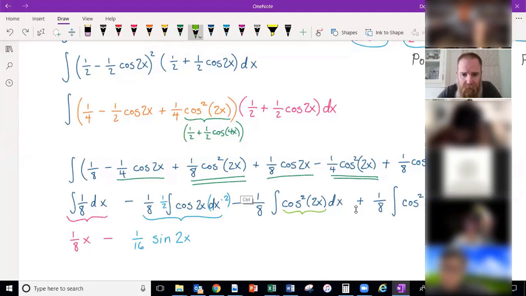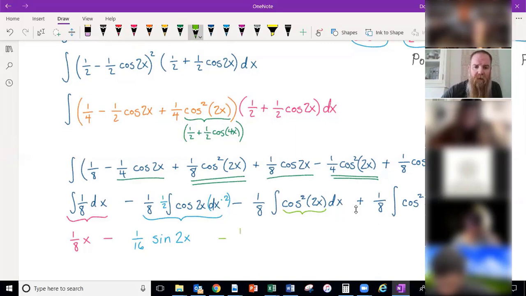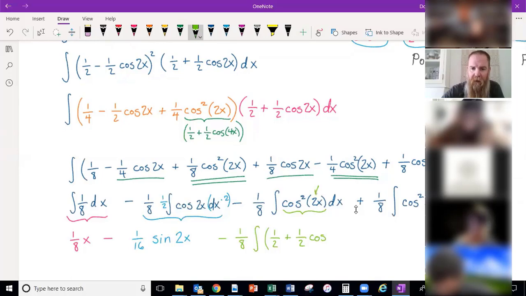So why don't we go ahead and bring down that minus 1/8 and rewrite this as times the integral of 1/2 plus 1/2 cosine of the double angle. Just be careful because the double angle of 2x is now 4x dx.